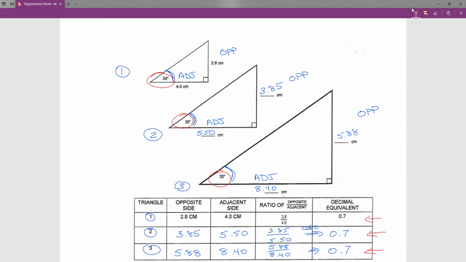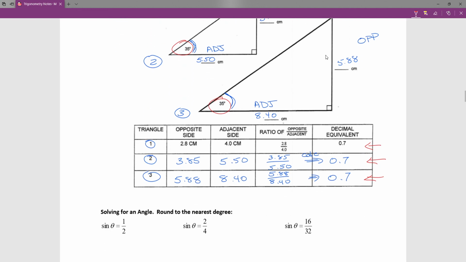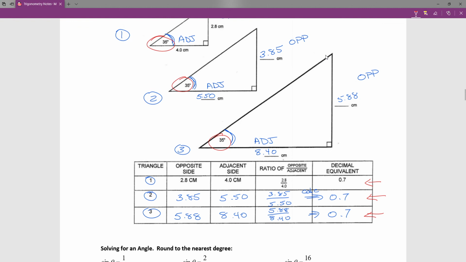So just for fun, we're going to practice using our calculators a little bit here. Take your calculator and punch in tan 35. You want your calculator to say DEG. If your calculator tells you you are in rad, then we need to switch the functions on your calculator.